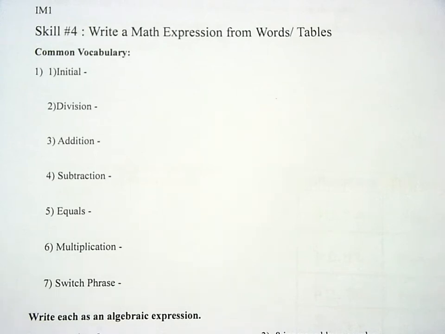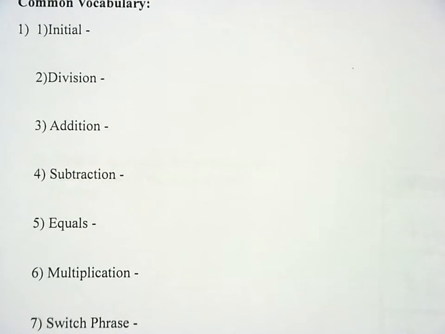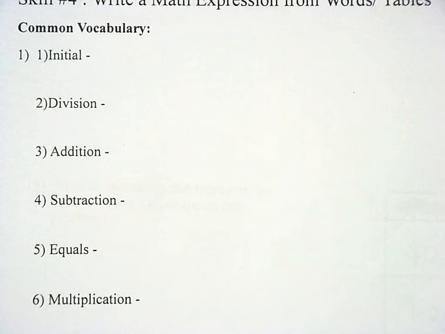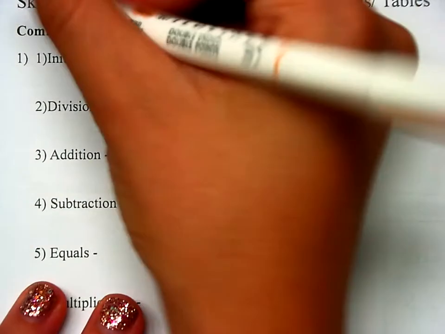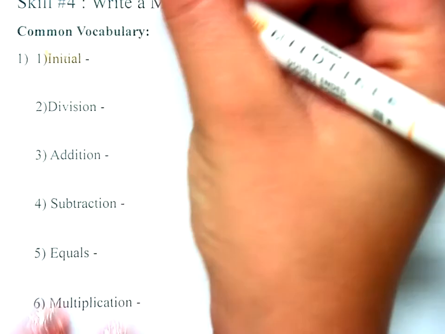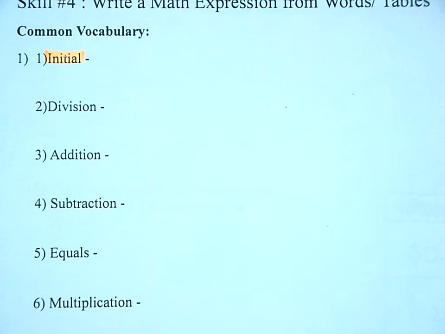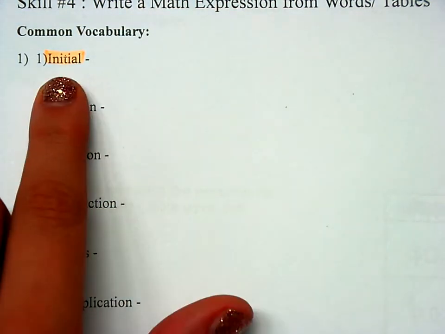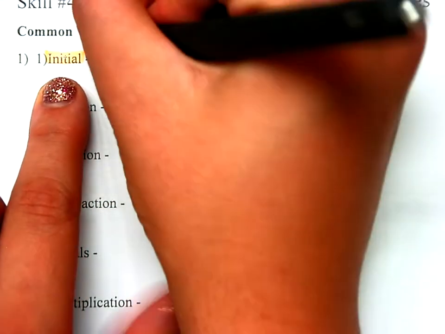A few vocabulary that we need to go over so that when you see these phrases, you know how to translate them. Okay, so the first one that we have, and let me zoom in just a little bit, is initial. We might see this in word problems a lot, but when we see this word, we should think of some math operations. So the first thing is initial tells me that this is to start with.